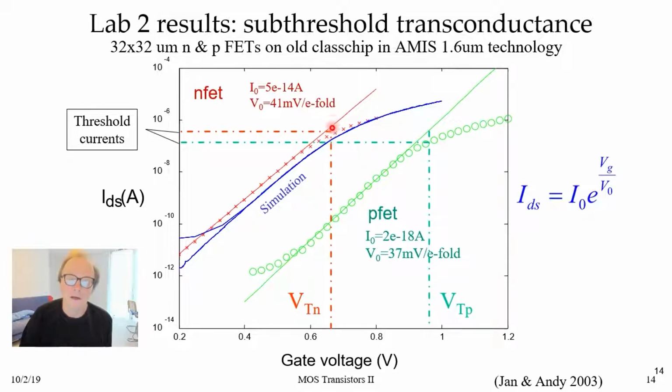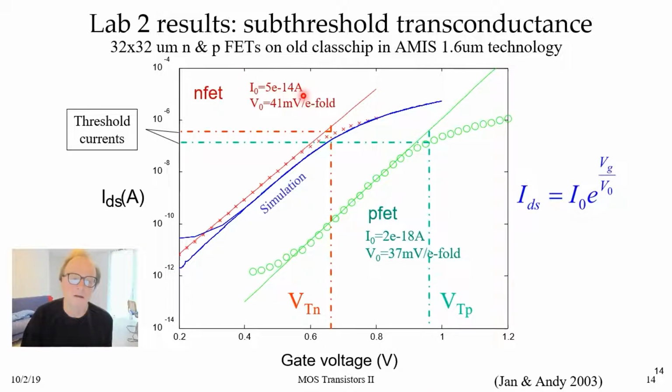By using the rule that you extrapolate the subthreshold curve linearly on this log scale, and then when it becomes twice the actual measured current, you define that as the threshold voltage. You can see that VTN comes out to about 0.68 volts here, so 0.65 volts. That's the threshold voltage for the NFET. And then by extrapolating the curve down like this, you can estimate that I0 for this transistor is 5 × 10⁻¹⁴ amps.